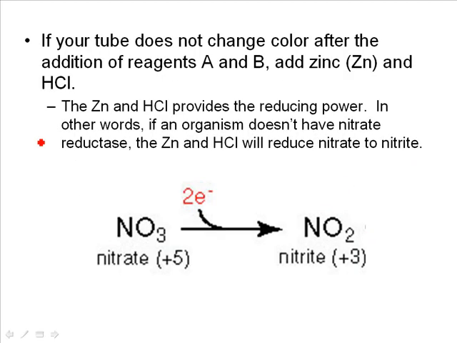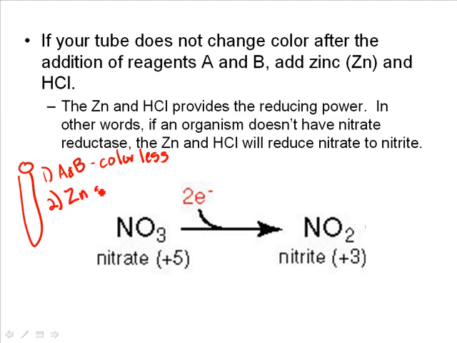Well, what we're going to do is add 2 more reagents to that tube. So here's what I want you to remember. We have our tube. We've added reagents A and B first, and that tube remained colorless. What we're then going to do to the same tube is add zinc and hydrochloric acid.